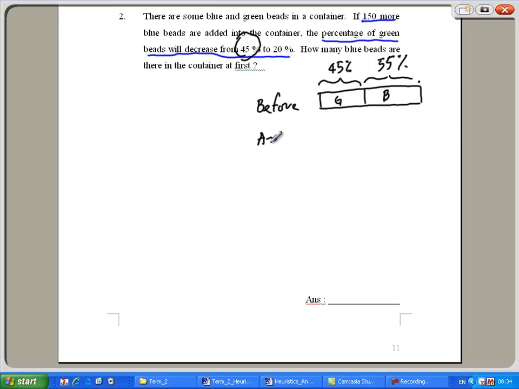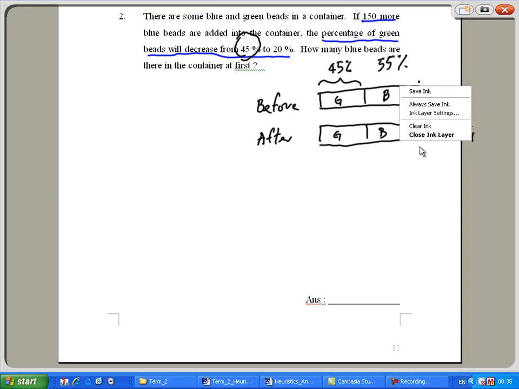And now after the blue beads were added. Okay, let's draw the situation before it was added. Still the same. Green here, blue here, and then we added more blues. How many more? 150 more.